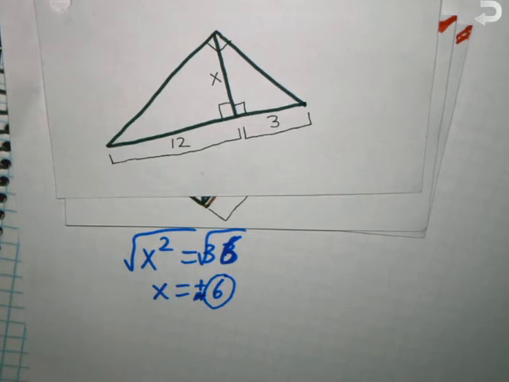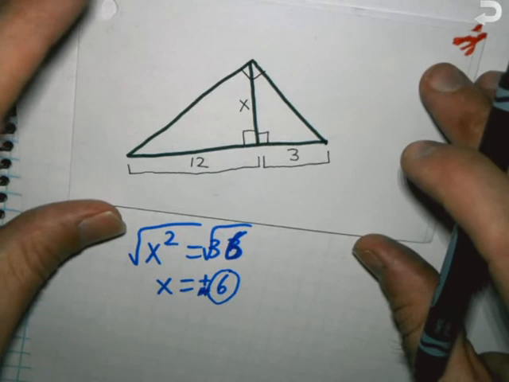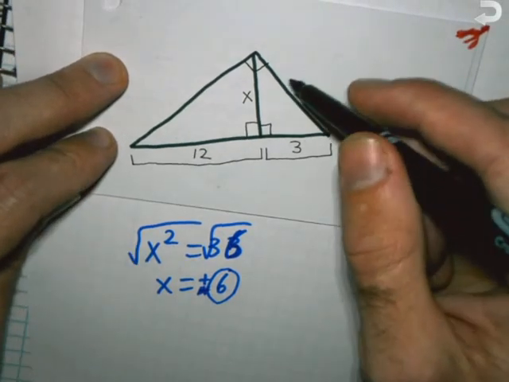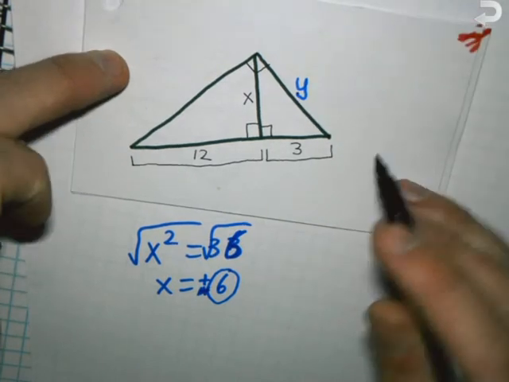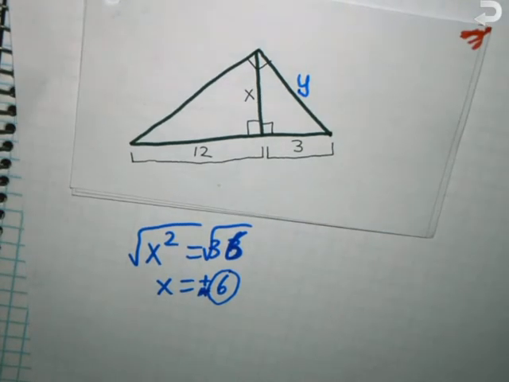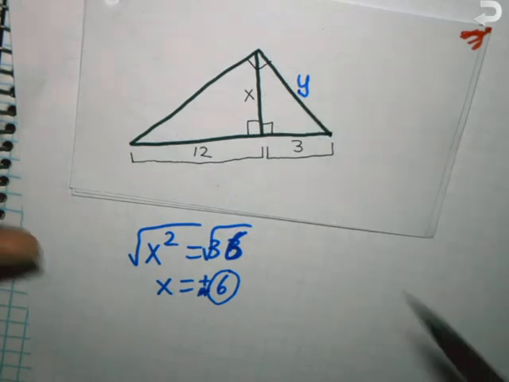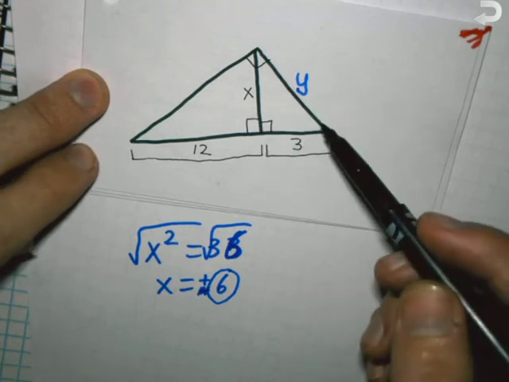So we'll mark out the x. We've already found out what x is, but we do not want to have two variables in here at the same time. That has been one of the most confusing parts whenever we do this. So if we take that out, then we'll be able to do this without any problem.